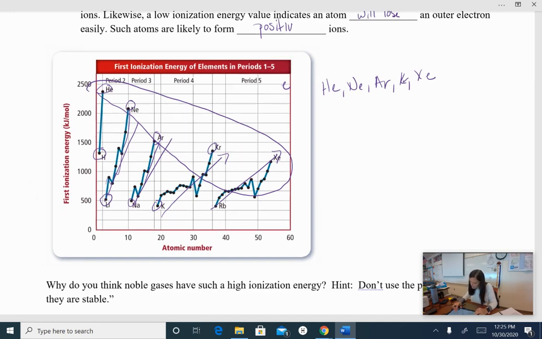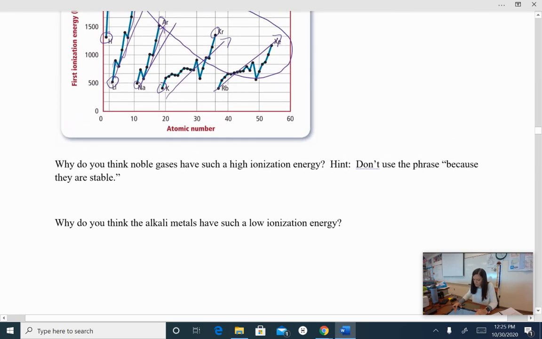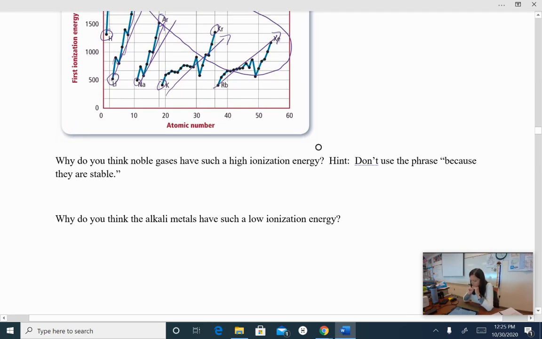So why do you think the noble gases have such a high ionization energy? Think about size. Don't the noble gases have the smallest radius of their period?